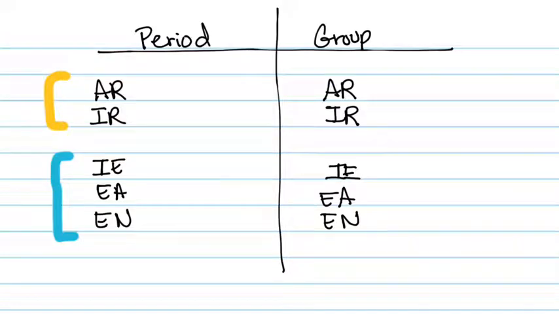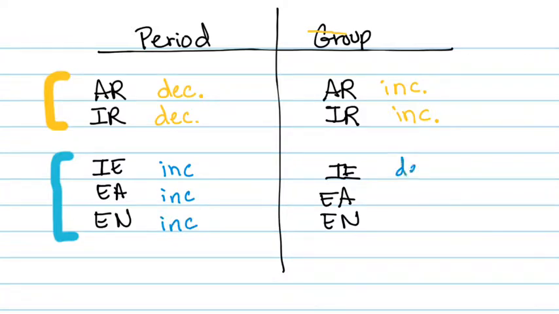So for atomic radius, they decrease across the period, increase as you move down the group. And for the ionization energy, electron affinity, electronegativity, all of those increase as you move across the period, and they decrease as you move down the group.